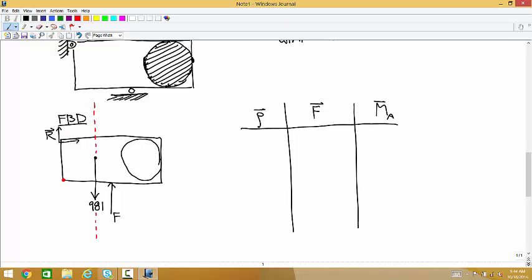We'd kind of prefer to have the about point up here. I guess let's do that. That's not too horrible. So let's put the about point here, where we have the most unknown forces.